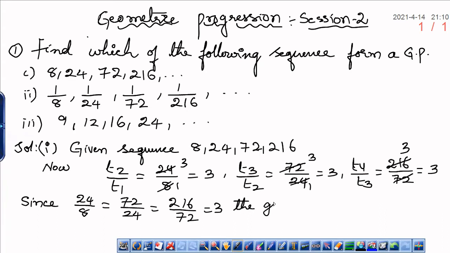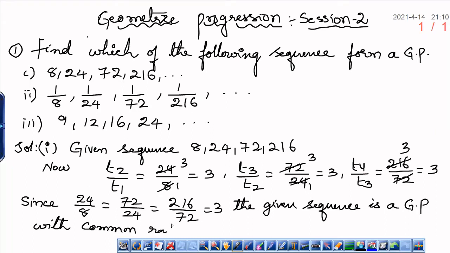The given sequence is a GP with the common ratio 3.